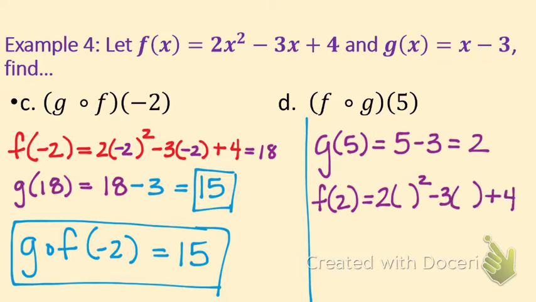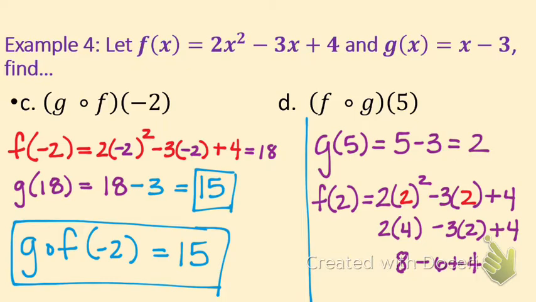So I'm going to put that 2 inside. Following order of operations, that would be 2 times 4 minus. So yeah, that would be 2 plus 4, which is 6. And that is your final answer.